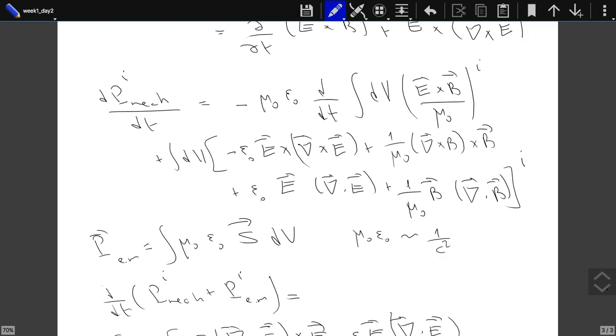And so the linear momentum of the electromagnetic field plus the linear momentum of the point charges, if there are any in motion, is a conserved quantity. We will also define the angular momentum. I don't think we will derive the conservation of the angular momentum, but just as linear momentum is conserved, angular momentum will also be conserved.